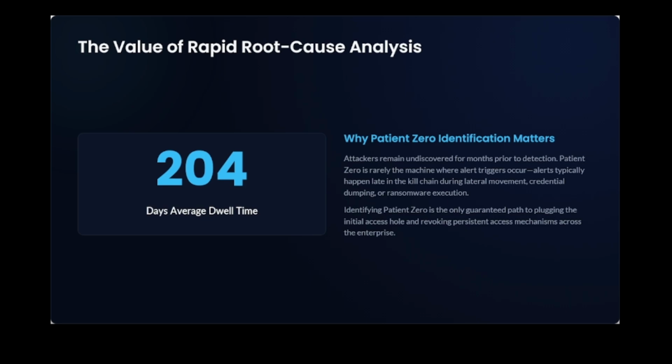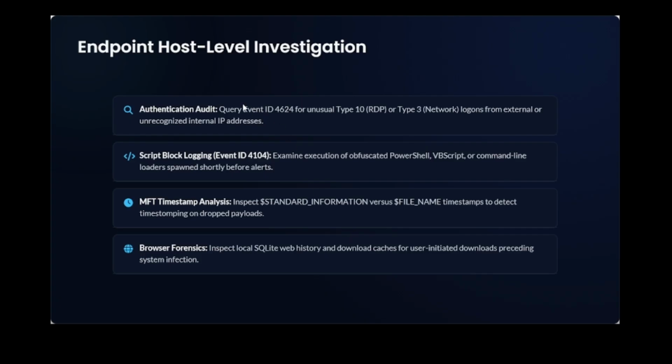You need to realize that oftentimes attackers will set up persistent access mechanisms so they can come back and do evil again. Doing host level investigation, again, you want to look at authentication audits. Look for any unusual type 10 or RDP login events, type 3 network login events, mostly coming from either external or unrecognized internal IP addresses.